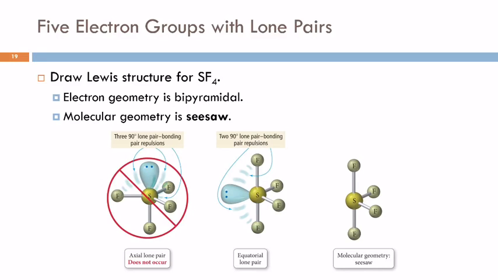Okay, so let's look at 5 groups. If we have sulfur tetrafluoride, we put the fluorines around, and then we put lone pairs around.